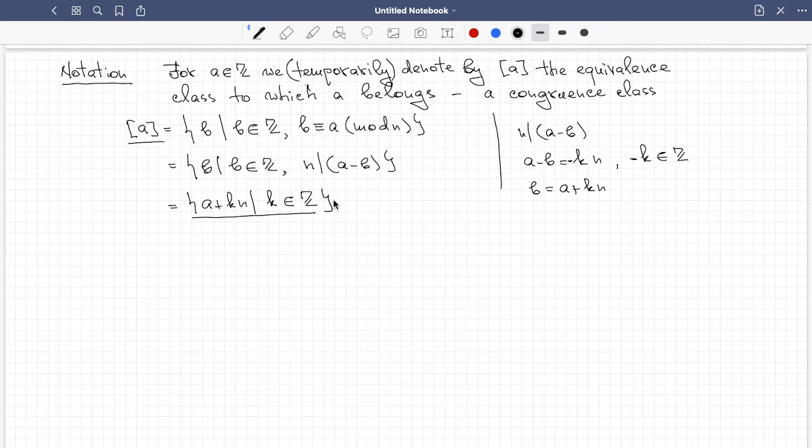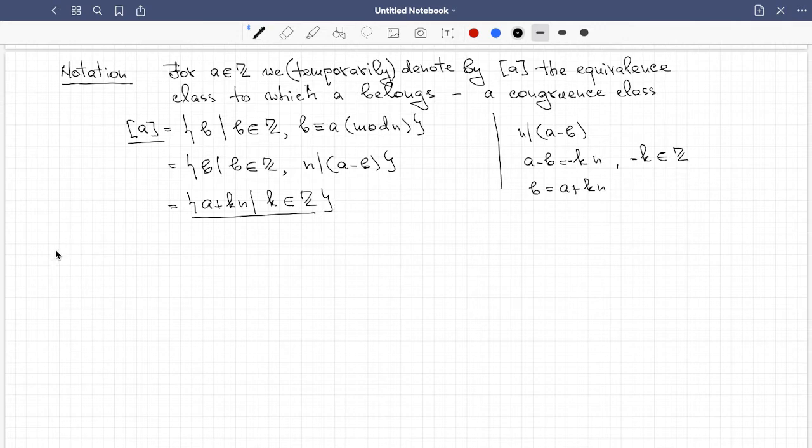Now, it's natural to ask, what about the set of all equivalence classes? What does it look like? Can we describe that? And the answer is yes, we can. And we do it with the help of Euclid's lemma.